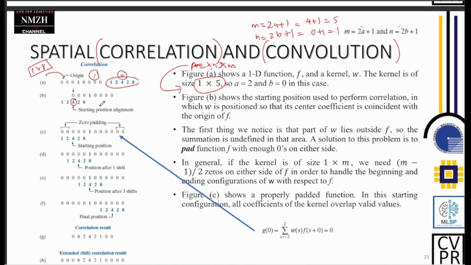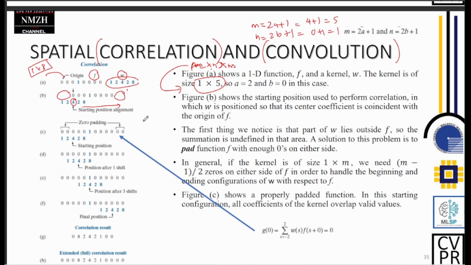Since we don't have enough values over here, when we move this particular kernel to the end of the line, we are still exhausting 2 digits over here.